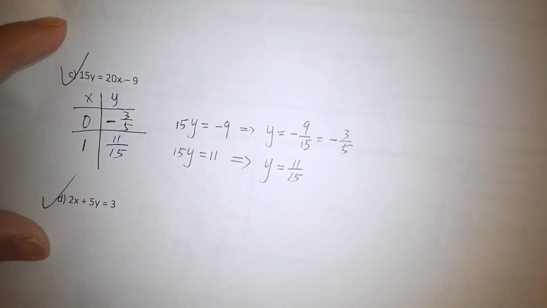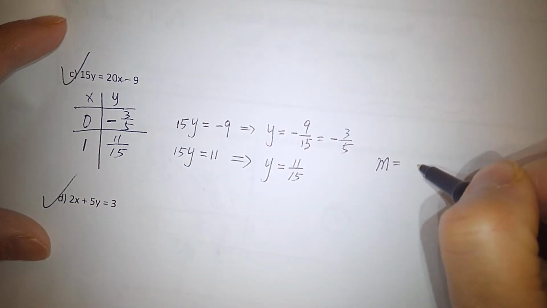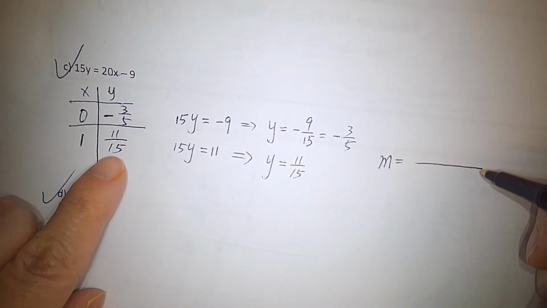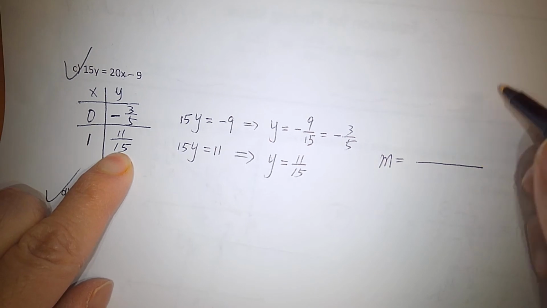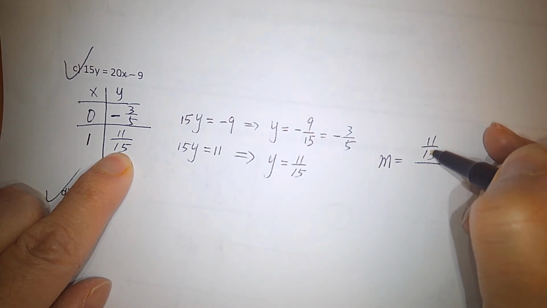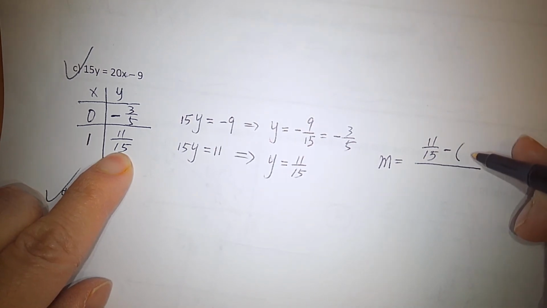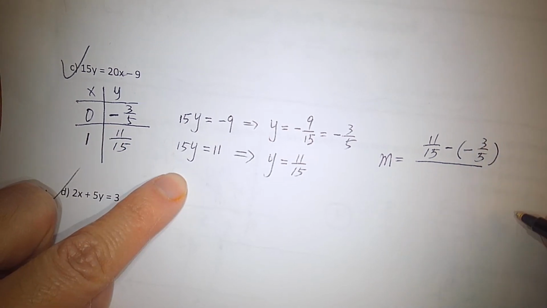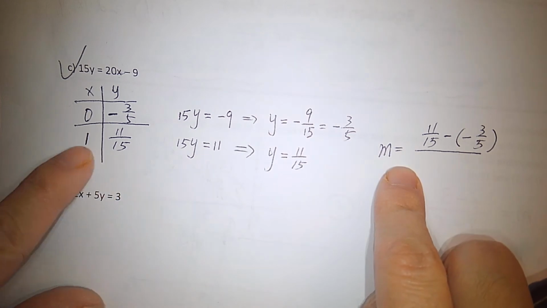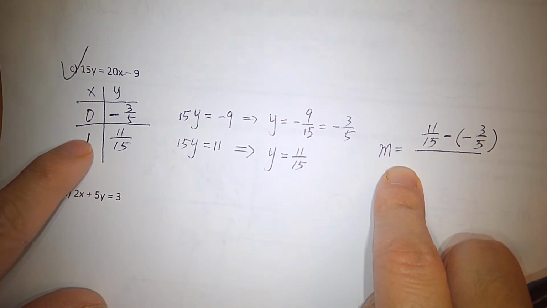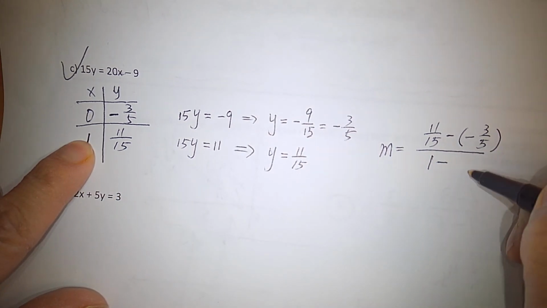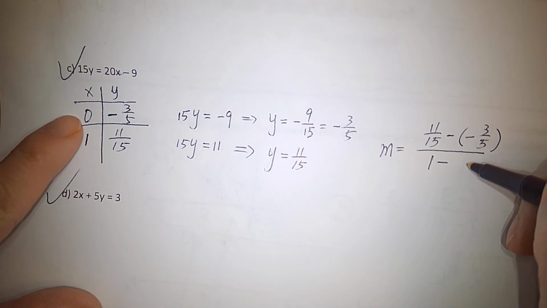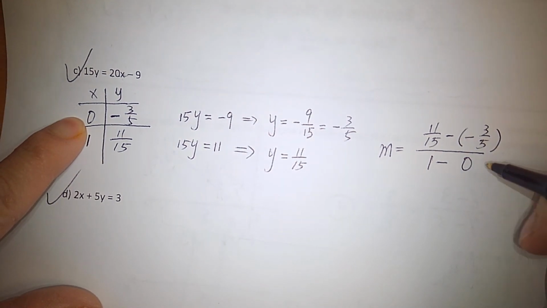Now we have x1, y1, x2, y2. How to find the slope of the line? Use y2, which is 11 over 15, minus y1, which is negative 3 over 5, divided by x2, which is 1, minus x1, which is 0. You agree with that, right?